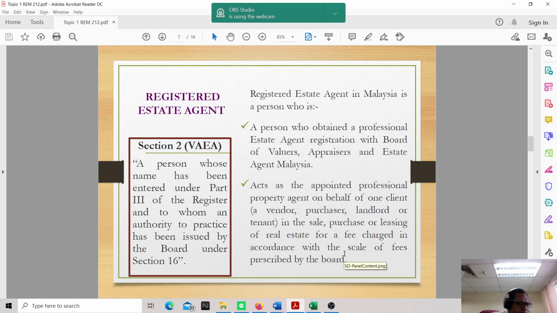So this is why so many people in Malaysia want to become a registered estate agent. If you are a registered estate agent, you don't have to share the profit with anybody else. If you are the one who sold the property for 100,000 ringgit, you get the 3% or 3,000 ringgit all to yourself.